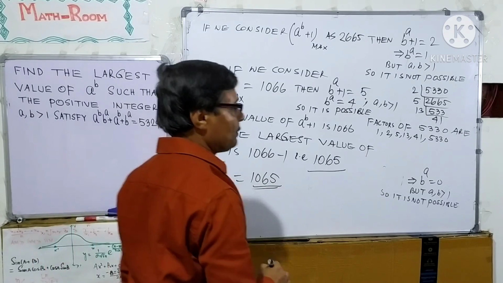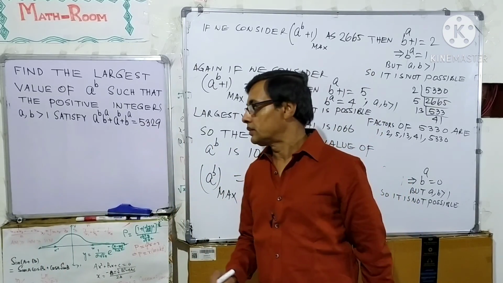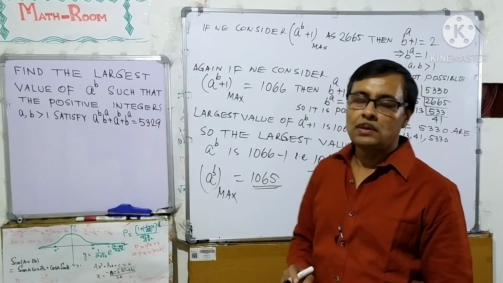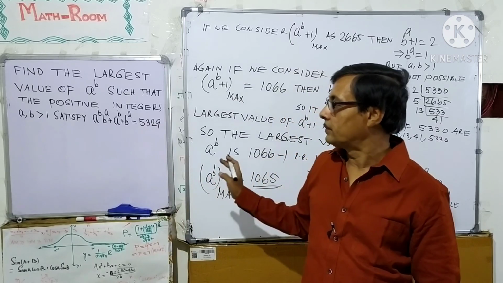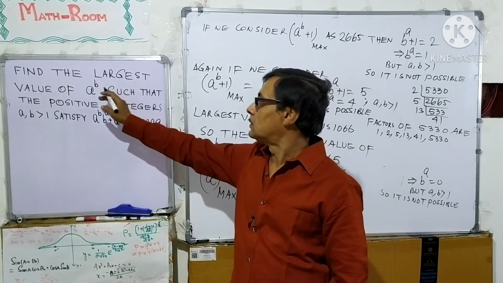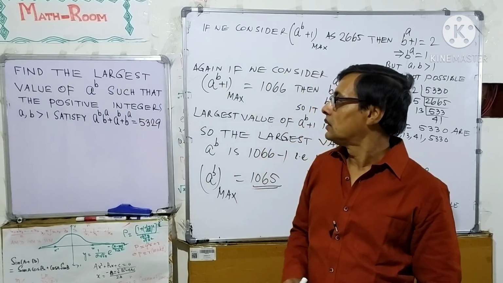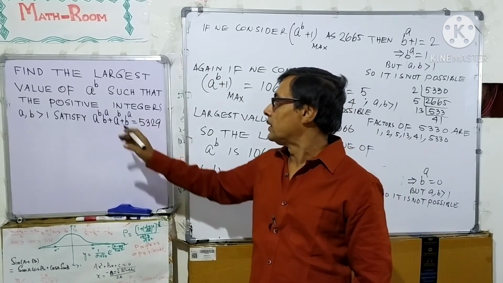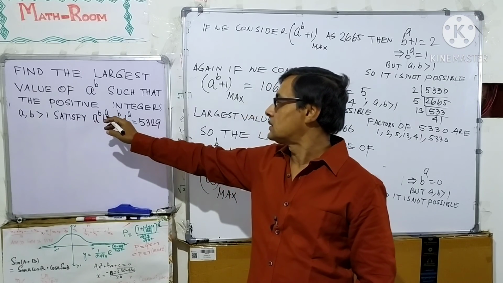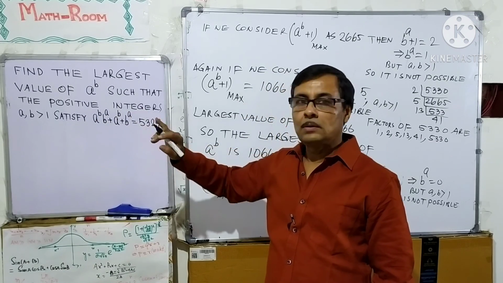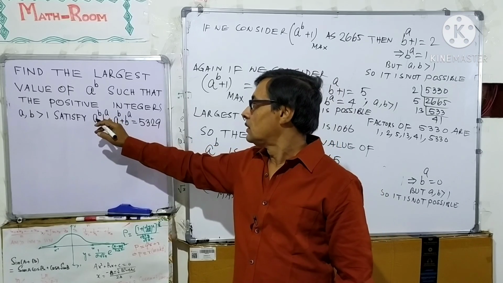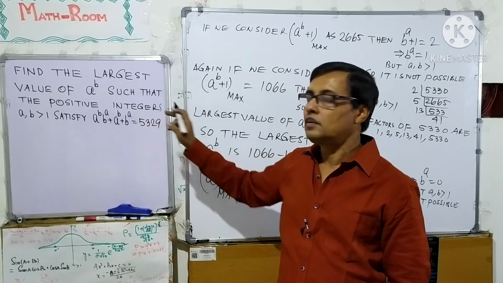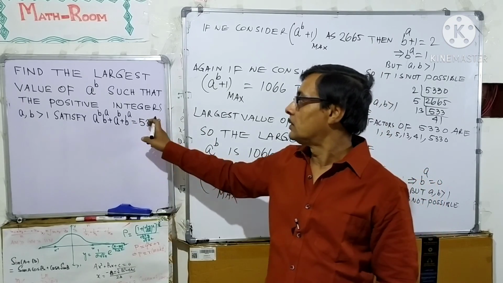The largest value of a to the power b is 1065. So we have found the largest value of a to the power b, which is 1065, when a, b are greater than 1 and they satisfy the relation a to the power b to the power a plus a to the power b plus b to the power a equal to 5329.